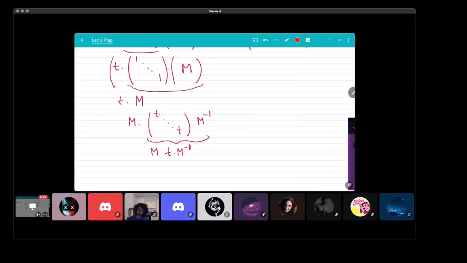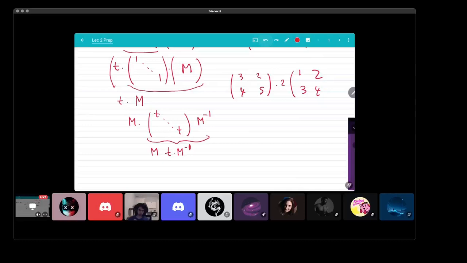And since scalar multiplication can be swapped, kind of, you can take this scalar and place it at the beginning.